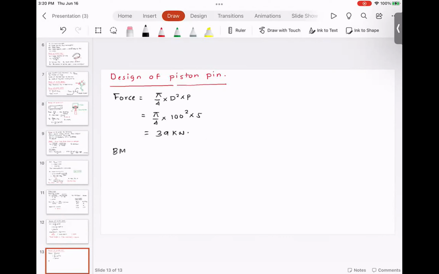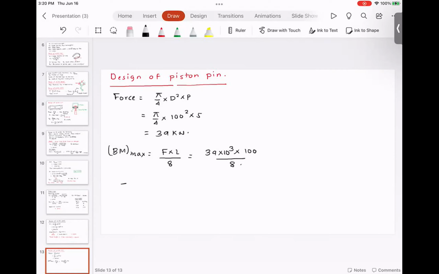Bending moment maximum is F times L divided by 8, which is 39 times 10 to the power 3. L is the same as the diameter, 100 divided by 8.